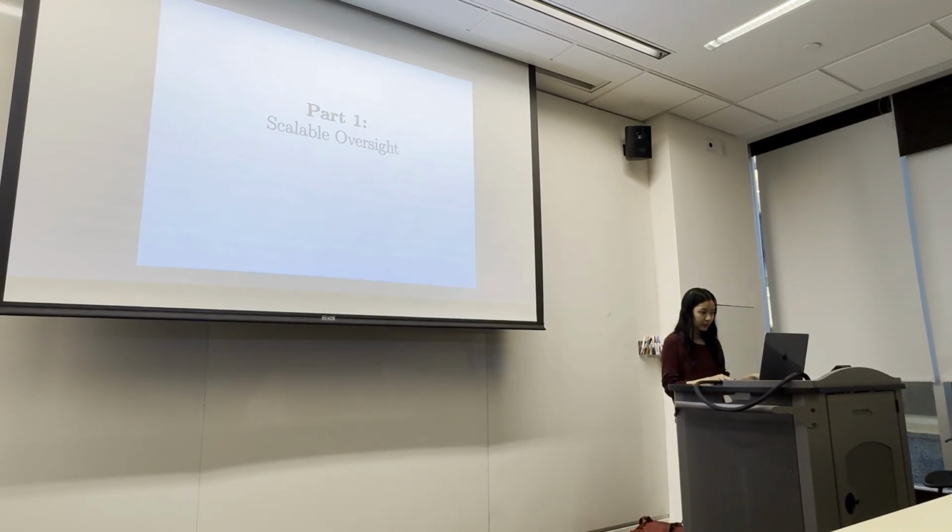So I'll start by talking about the AI safety problem that we were trying to address, which is called scalable oversight. This problem is concerned with overseeing AI systems even as their abilities scale.